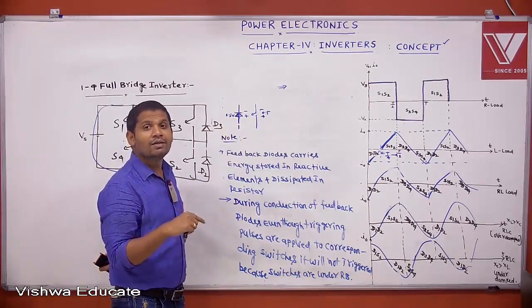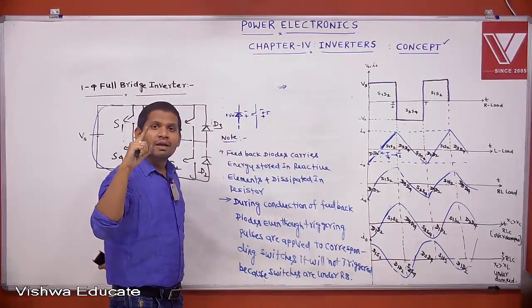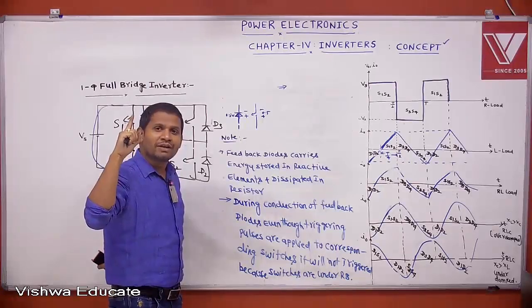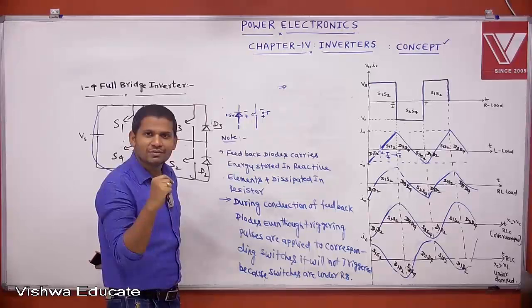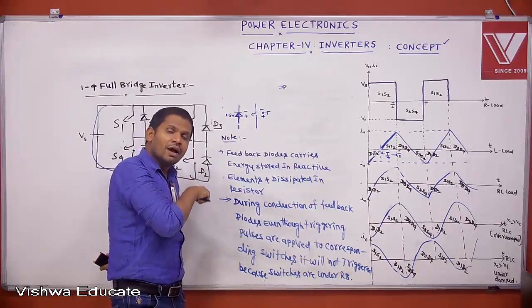That's why I told you about the circuit turn off time. In rectifiers, we calculated circuit turn off time many times. It is the time for which a reverse voltage is applied across the switch. During which time is reverse voltage applied across the switch here? During conduction of the feedback diodes.